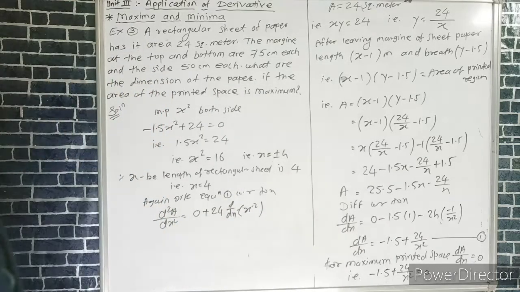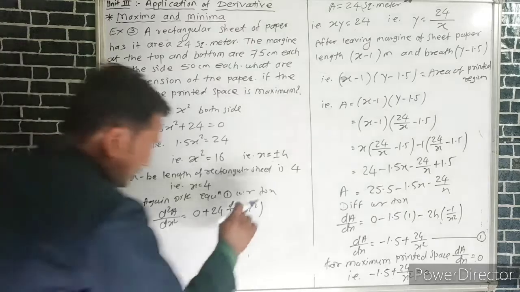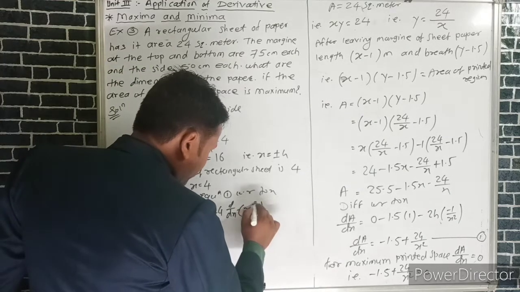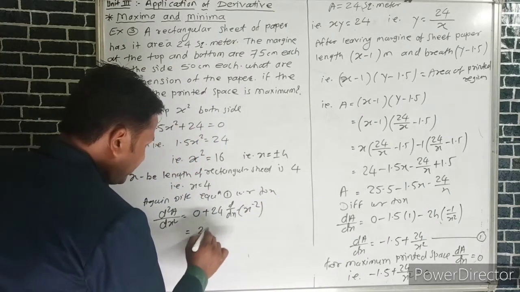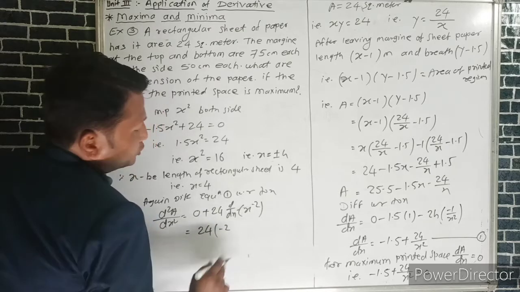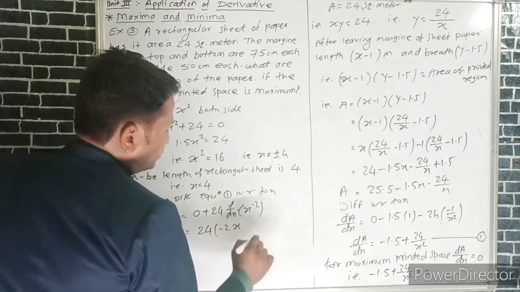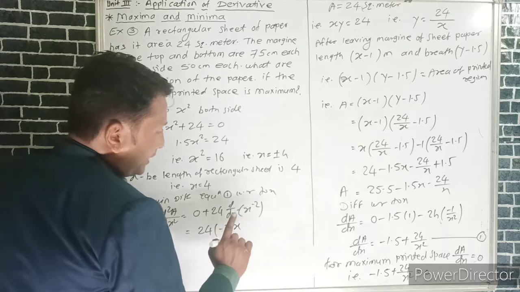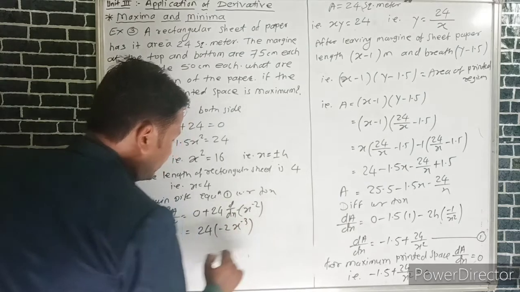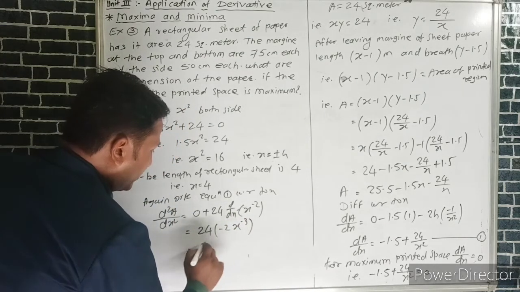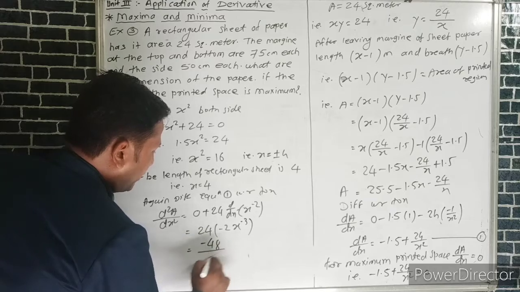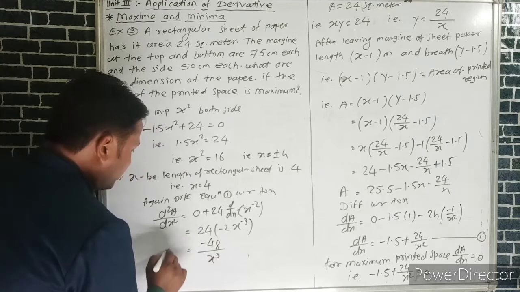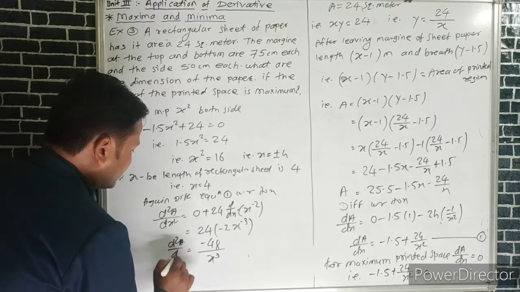By using the derivative of x raised to the power n, we can say 24 into minus 2 into x raised to the power minus 2 minus 1, which is minus 3, meaning minus 48 upon x cube, which is d2A upon dx square.